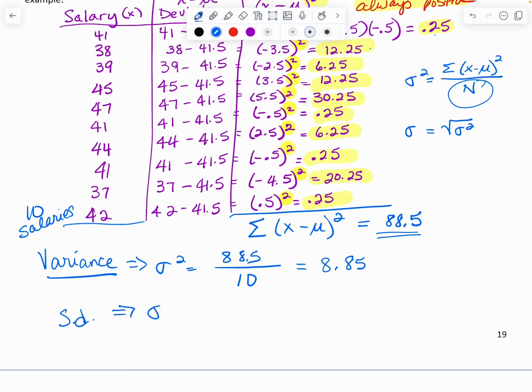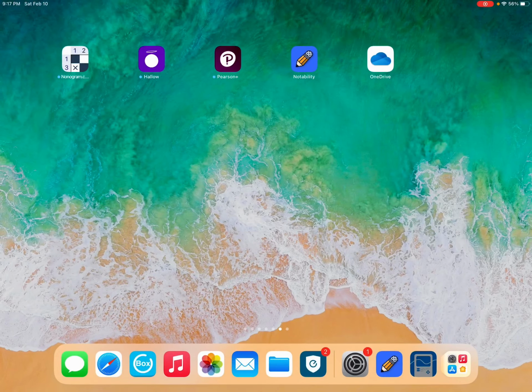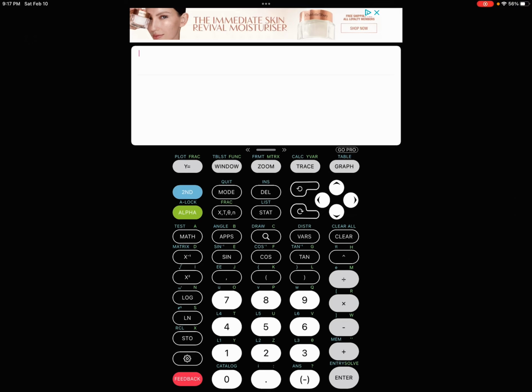And then my standard deviation is the square root of the variance. So on my calculator, the square root of 8.85 is not going to be a whole number, it is going to be approximate. In case you don't know where the square root button is on your calculator, it is above the squared button. It's kind of hard to see on my example, but it's above the square key.